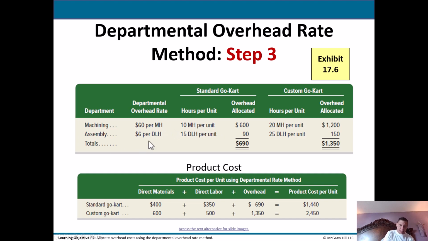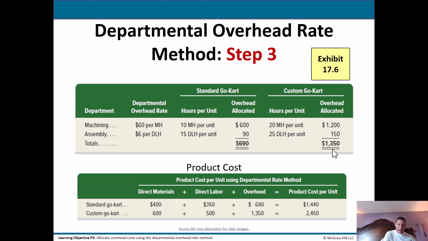And then for direct labor hours, $6 times 15 is your 90, and $6 times 25 for the custom is the 150. Then they add them up. For the standard go-kart, for machining and assembly, we should apply 690 to cover the overhead. And for the custom go-kart, for the 2 departments, we should apply 1350 to cover the overhead.